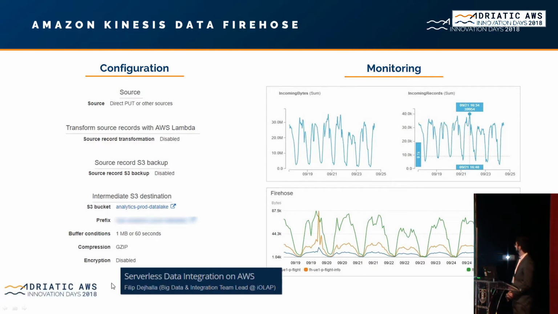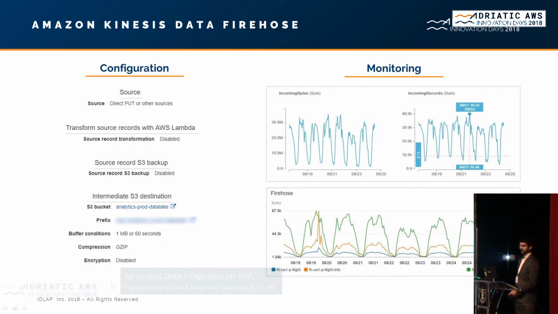So the issue here is that if your flow doesn't send so many messages, is 60 seconds enough for you? So basically, if you're trying to do a real-time solution, maybe 60 seconds is a long time to wait. So that's why Firehose is more understood as a near real-time solution than the actual real-time.